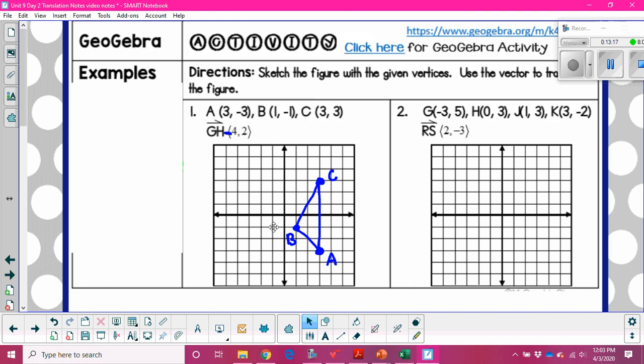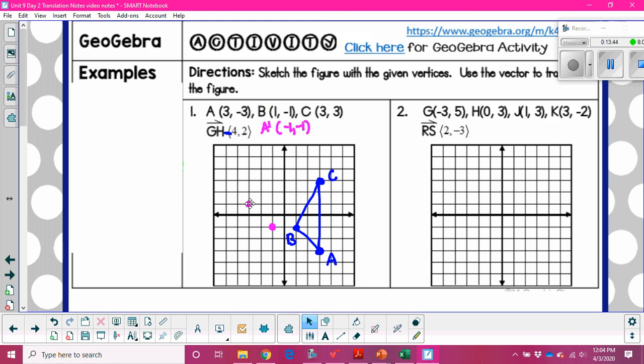So A prime will be at (-1, -1). I'm going to write that down. Okay, let's look at B. Let's slide it to the left 4 and then up 2. 1, 2, 3, 4, up 1, 2. So it'll be right here, at (-3, 1).